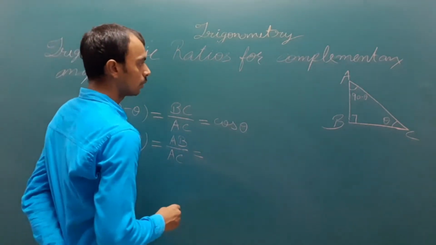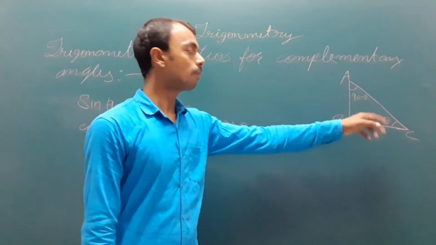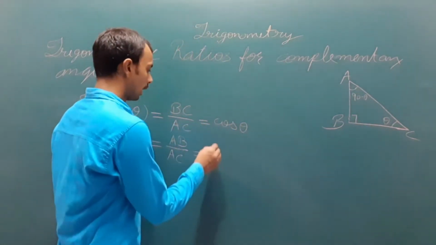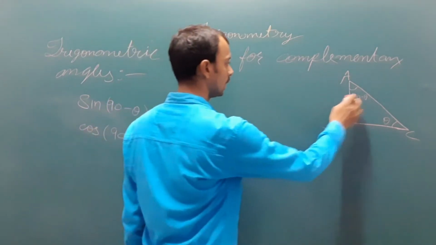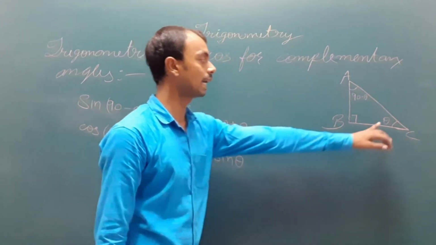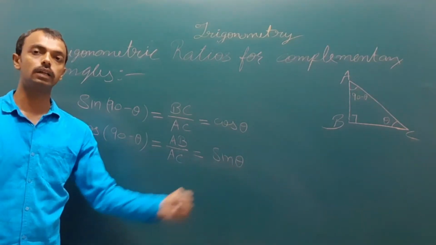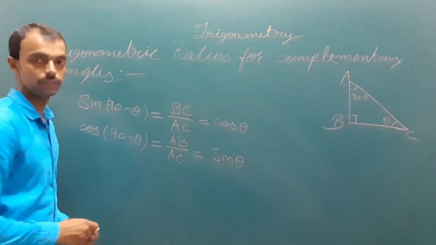Now AB is adjacent to 90 minus theta, but it is the opposite side for the angle theta. So I can write this as sin theta, because opposite upon hypotenuse is sin theta. Are you getting how this converts to this one?